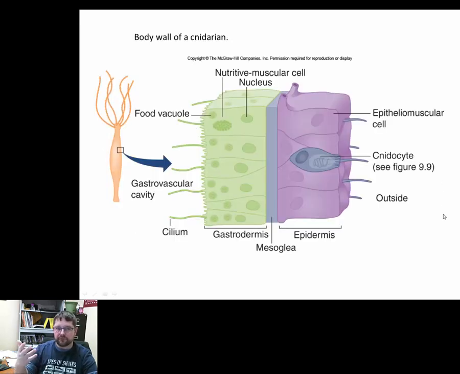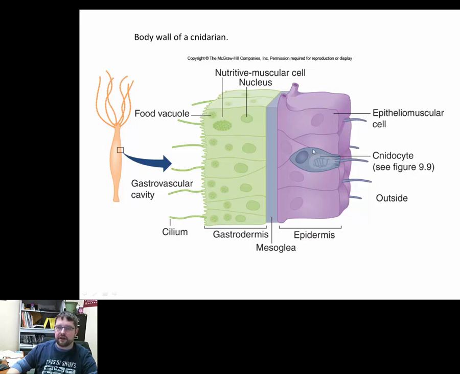So when we look at a Cnidarian's body, this is a pull-up version, like a hydra. The external feature is going to be that epidermis, and we'll often have cnidocyte cells embedded in the epidermis, which would have kind of a flagellum-like structure attached to them.